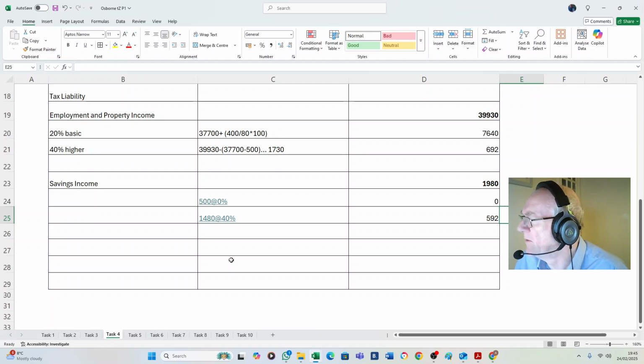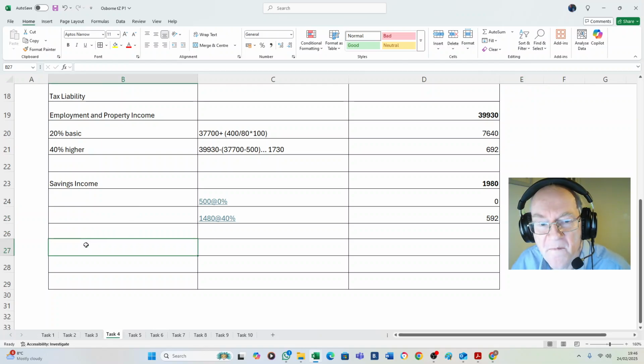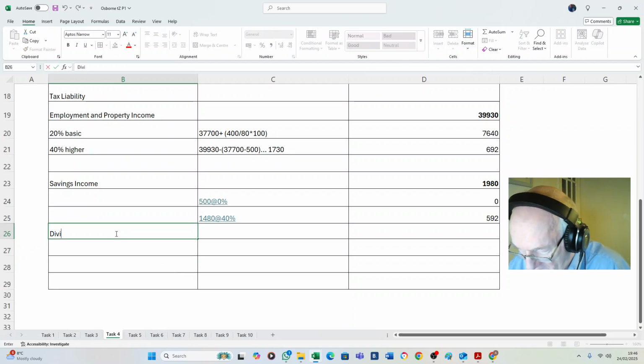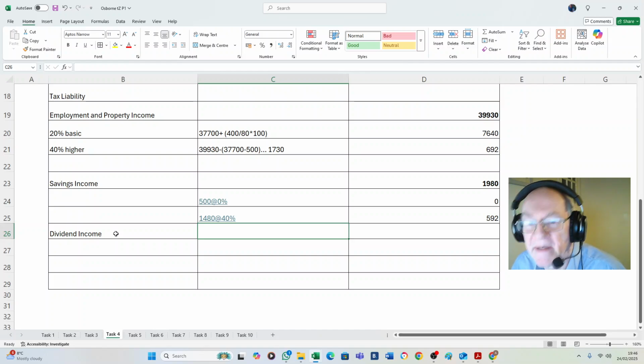Problem is you can't actually bold, I don't think, on the AAT system. And then we've just got some dividend income. I suppose I should have actually moved that up there, but never mind, I've just about got room. Some of the publishers suggest that you do all the workings out on a paper for this.